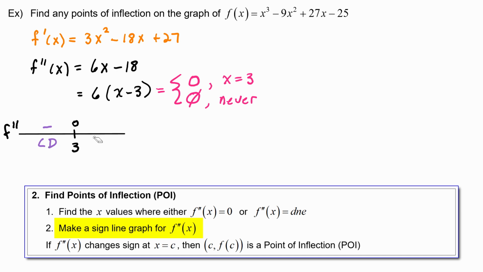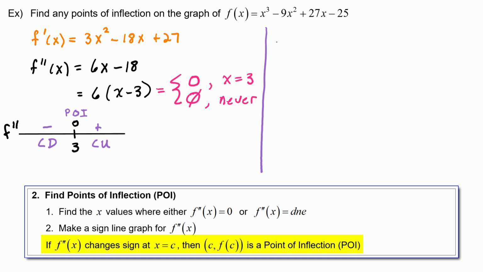If we were to pick a test point of 4 over here, that makes the second derivative positive, which means it's concave up. Because the second derivative changes sign at x equals 3, that means there will be a point of inflection there.